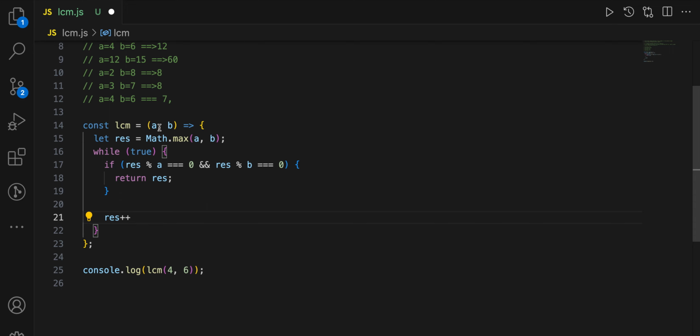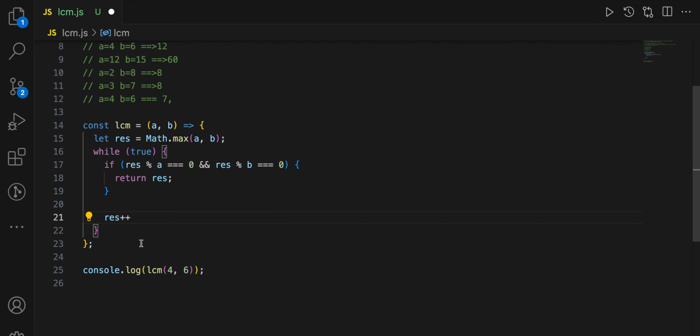So let us suppose we have A as 4 and B as 6. We go inside this loop. What should be the max number? Between A and B it is 6. 6 divided by 4 equal to 0, no. Again we increase to 7. 7, no. 8, yes for 4. 8 divided by 6, no, it is not going to be 0.